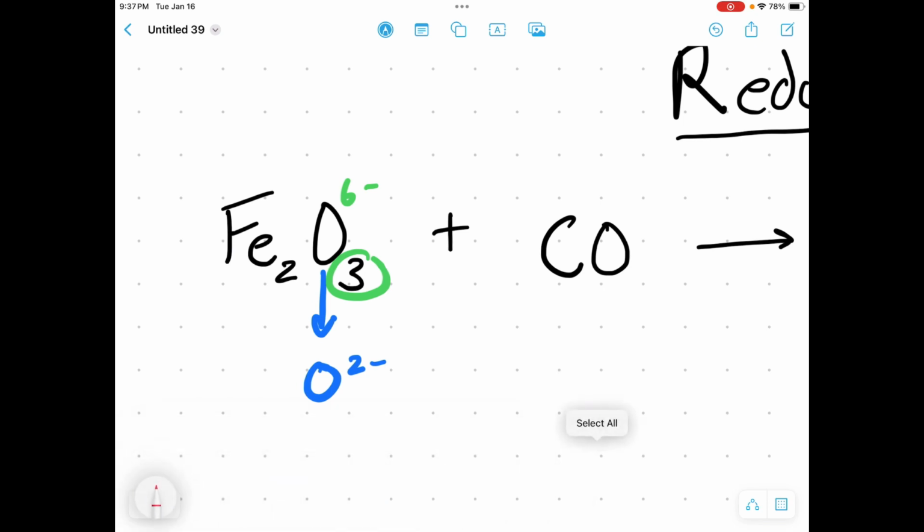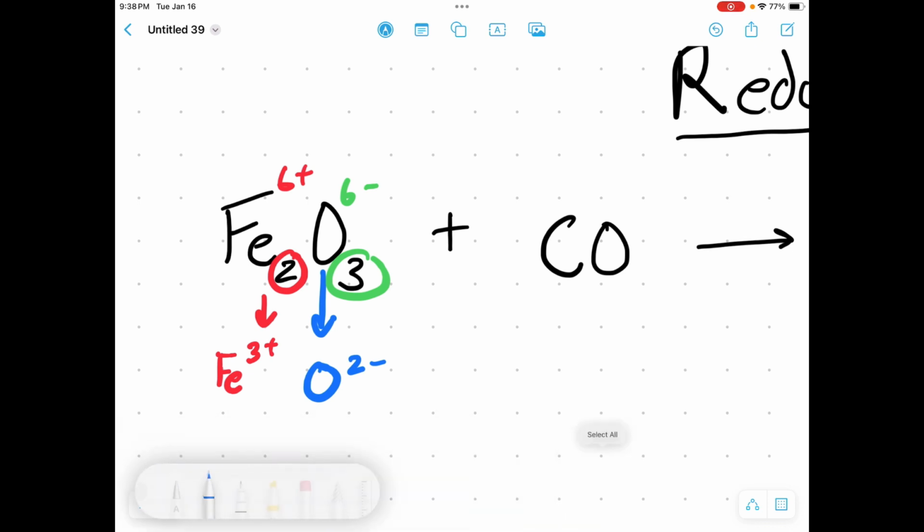Well, iron has to have a total oxidation state of positive 6, but there's 2 of them. So each one has to have a positive 3. So this is how you figure out the oxidation states for most of your atoms.